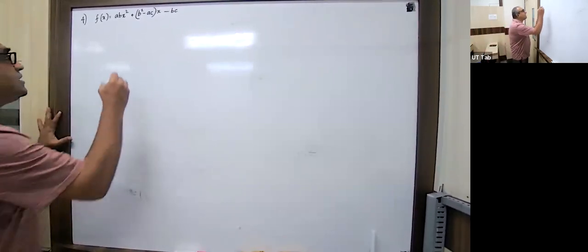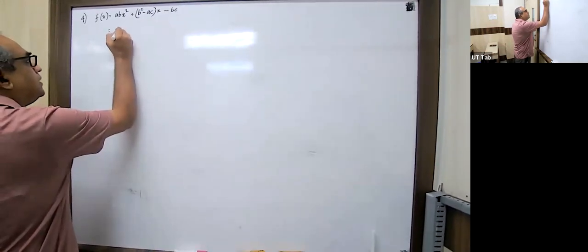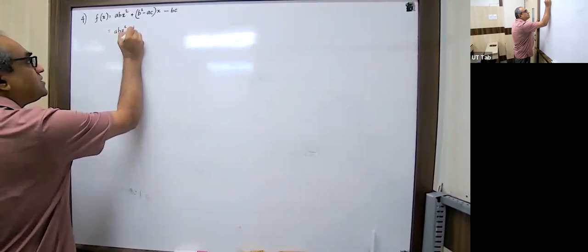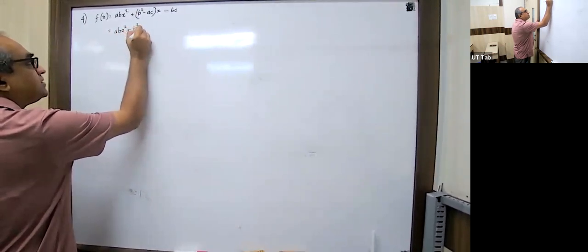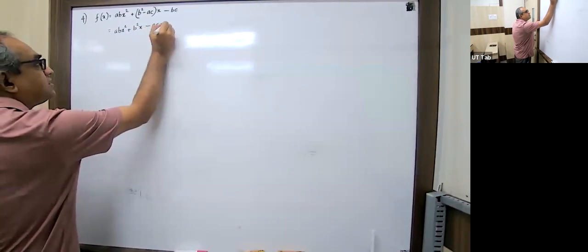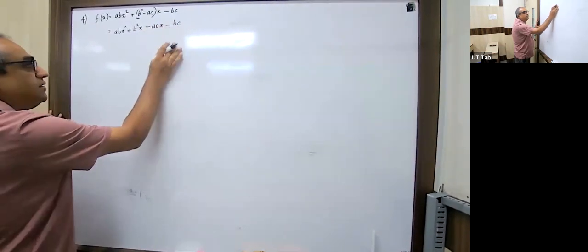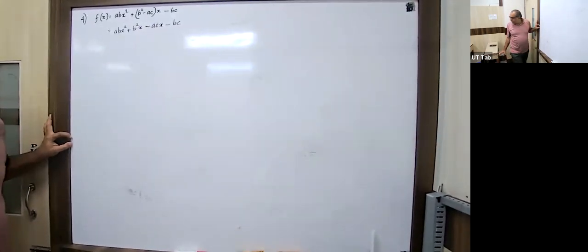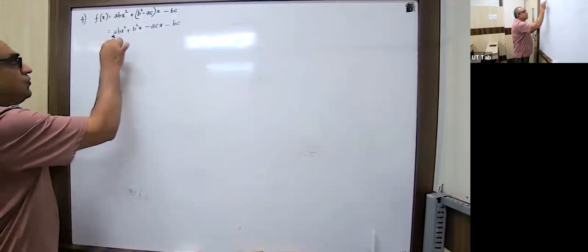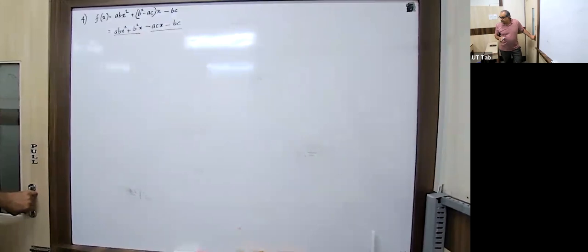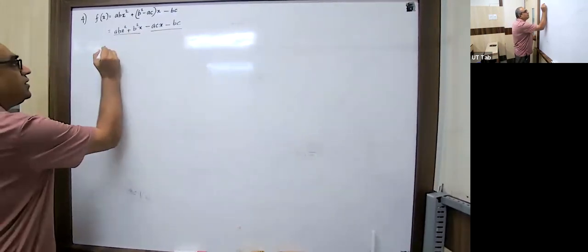So what I will do is I'll open the bracket. ABx squared plus B squared x minus ACx minus BC. I just open the brackets. So we'll take these two terms and we'll take these two terms. What is common here?